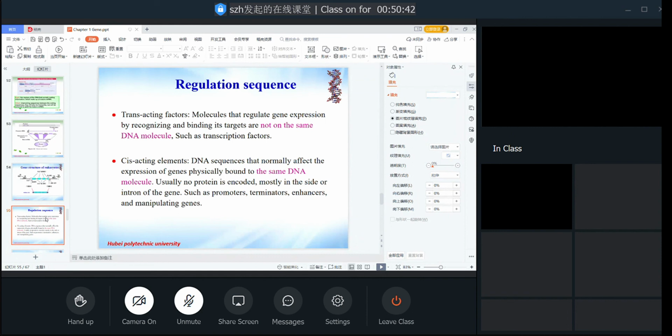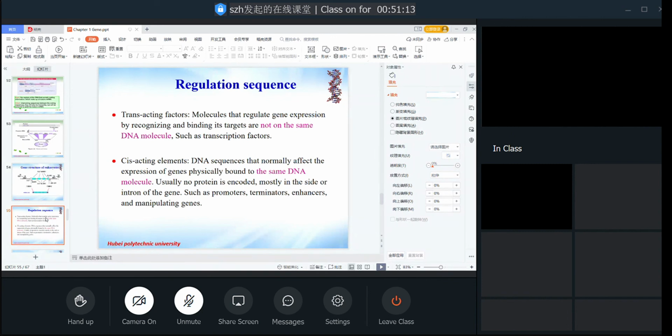And another thing, according to this, it is the trans-acting factor. All the time, it is the protein. Coding from another side of the site, the gene codes the protein. The protein may aggregate and bind, may act on a certain gene and regulate the gene's expression.